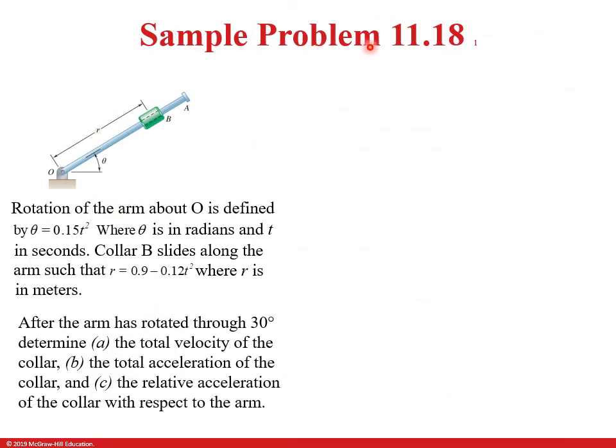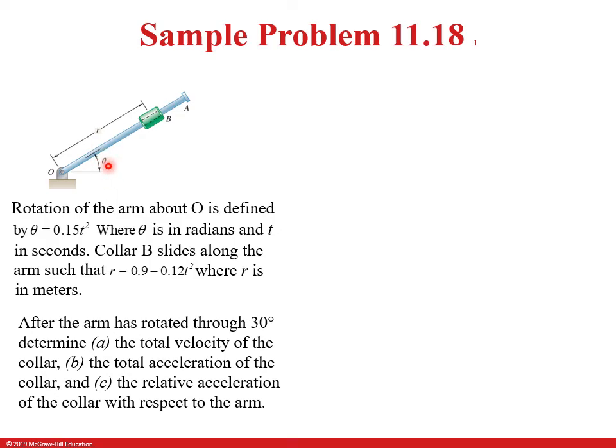So this is sample problem 11.18. We have a shaft with a collar on it, and it is rotating about point O. The distance between the collar and point O is given by r. The distance from the original, you could refer to it as the 0 degree, to its current position is theta.